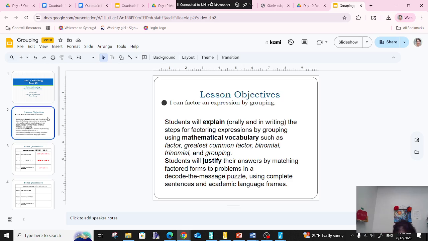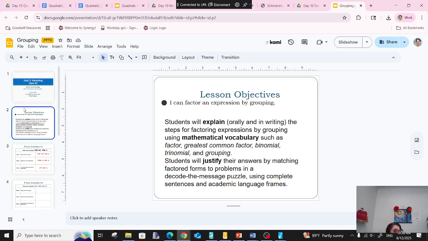Today we are going to learn how to factor by grouping. Grouping is when you have four terms. A lot of times people ask, "Well, how do I know which way to factor?" I'm going to be giving you 5 ways of factoring.